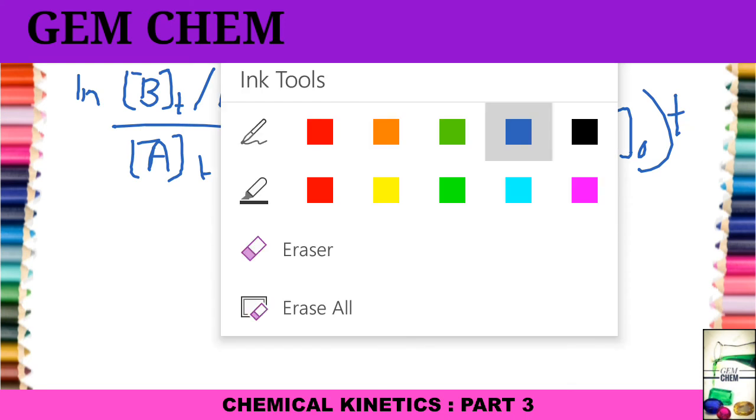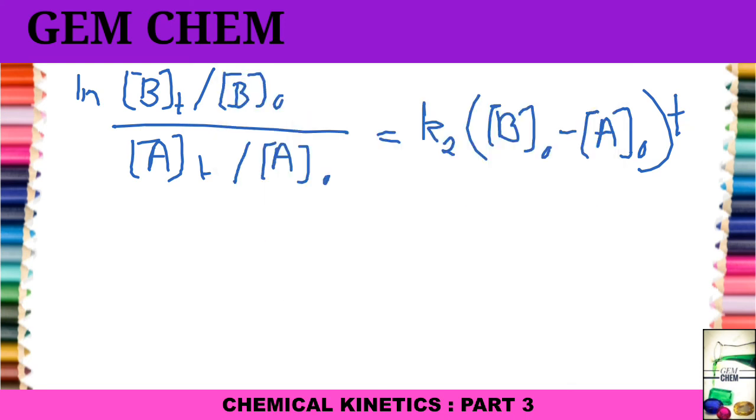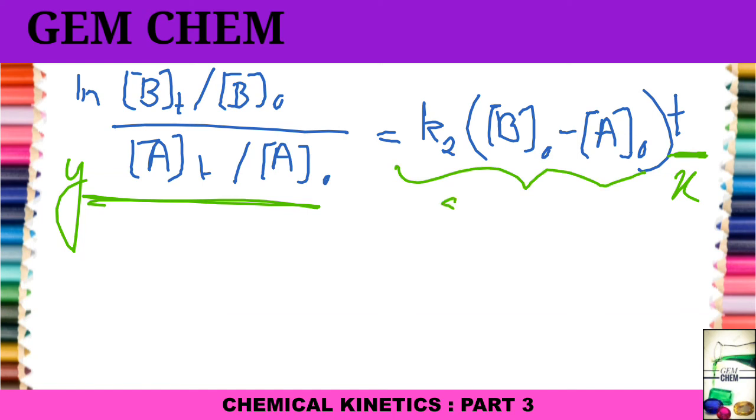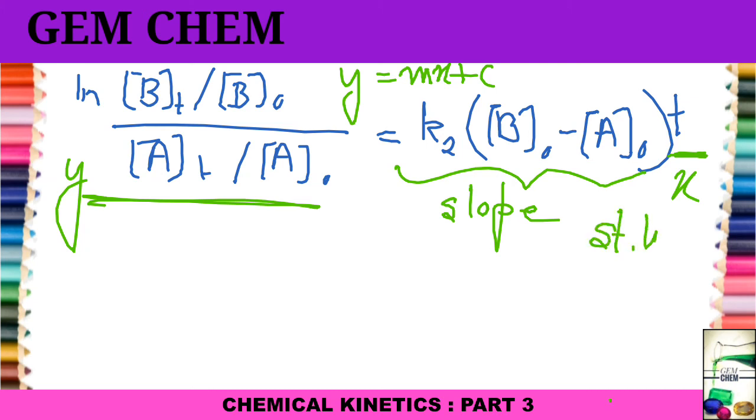Now see, this one is your y and this time is your x and this particular thing is your slope. As we know, the straight line formula is y equals mx plus c, and here the intercept c equals 0, and we will get a straight line from here.